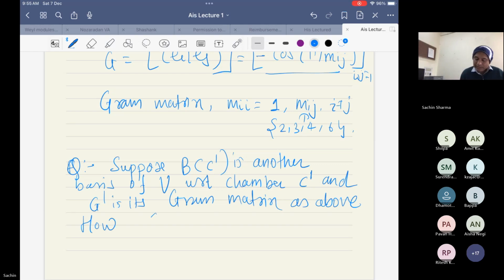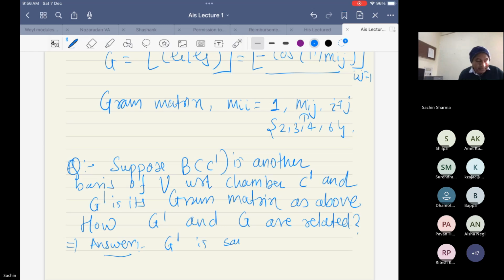How are G dash and G related? The answer is that G dash is the same as G up to reordering of indices.